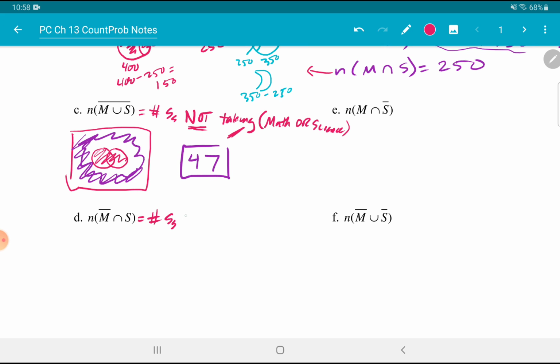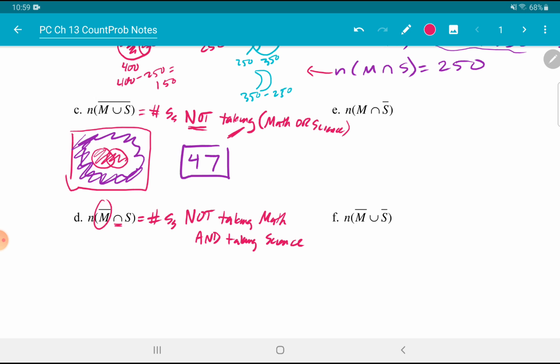Who are not taking math, and, because of the intersection, taking science.